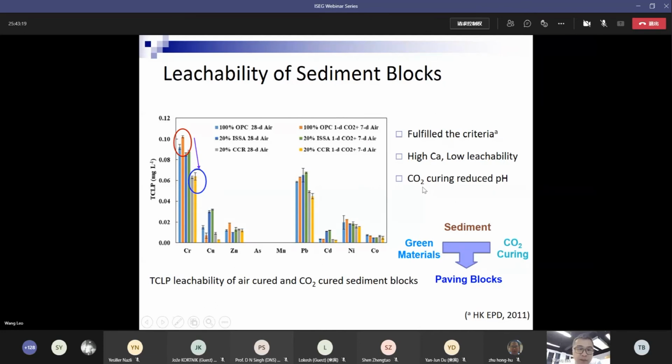CO2 curing will slightly reduce the pH, resulting in an increase of the leachability, but it is still acceptable. So in this system, we use some green materials combined with CO2 curing to recycle the sediment into eco-friendly paving blocks.